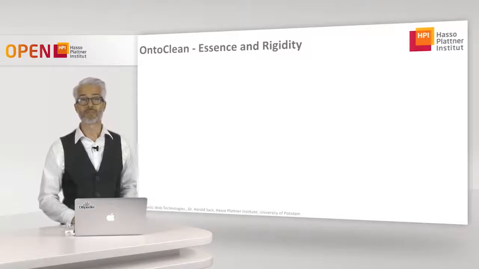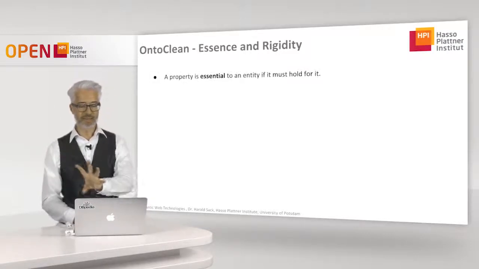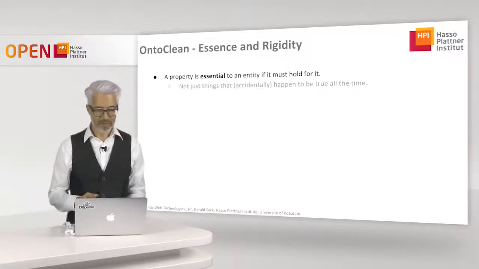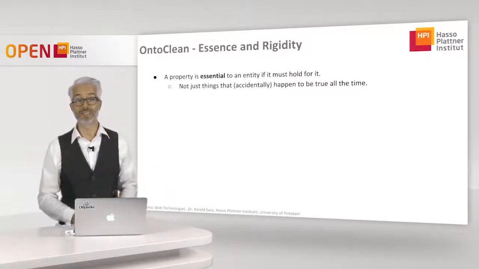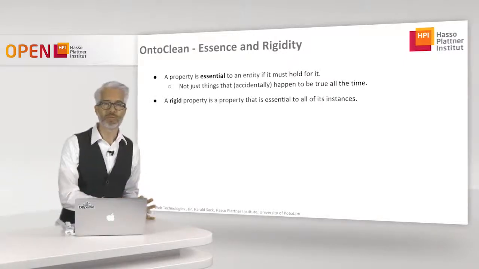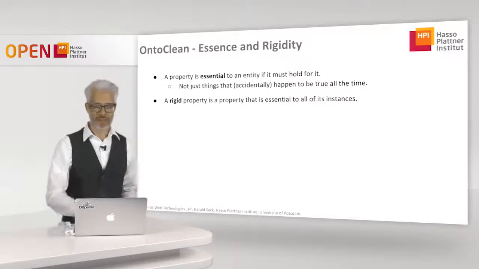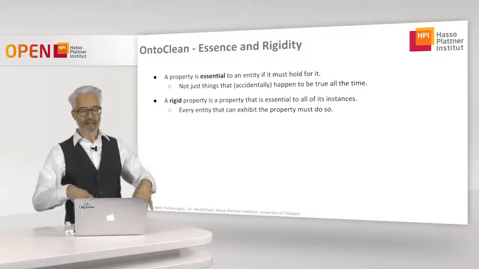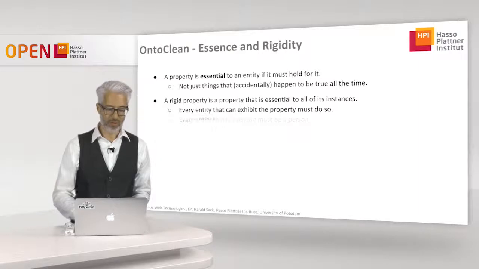Okay, so let's have a look. First, we have to consider essence and rigidity in OntoClean. A property is essential to an entity if it must hold for it, which means it's not just things that accidentally happen to be true, it's essential. Then we consider so-called rigid properties, and this is a property that is essential to all of its instances. Every entity that can exhibit the property must exhibit the property.